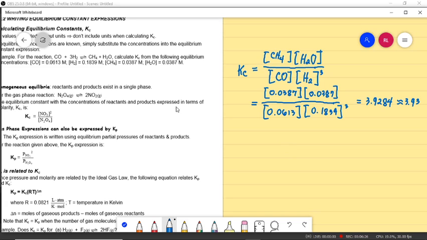Okay, I'm going to give you another example. Say for example you have this reaction.